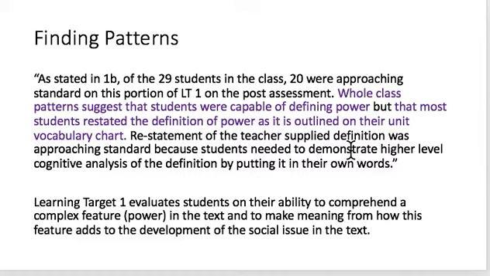In other words, they were supposed to be able to describe it in their own words, and they weren't. And this is what 20 of her 29 students were doing. So something was going on there, and this actually might be a language demand issue about not understanding what she was asking them to do. So that would have to actually be addressed.